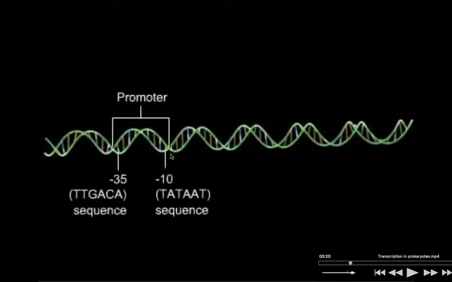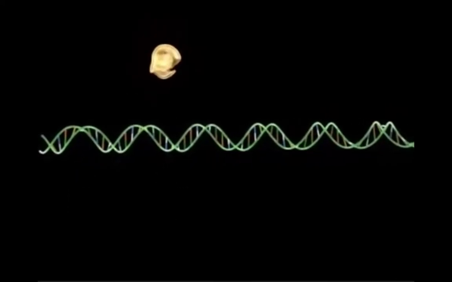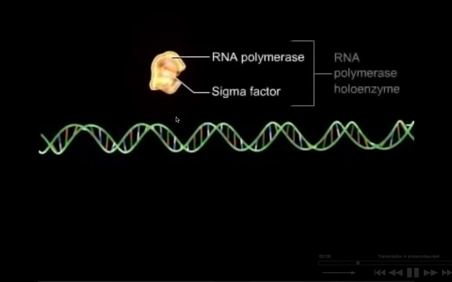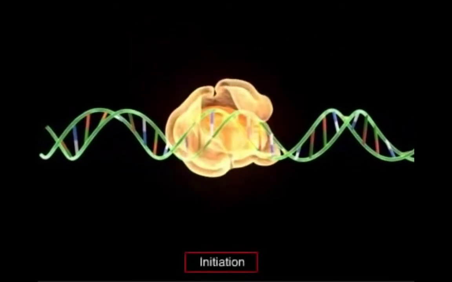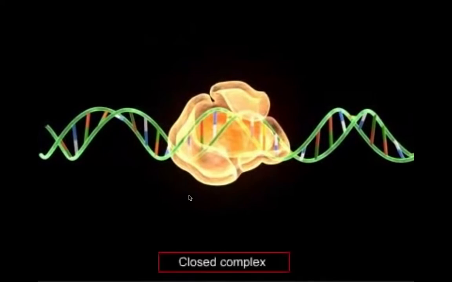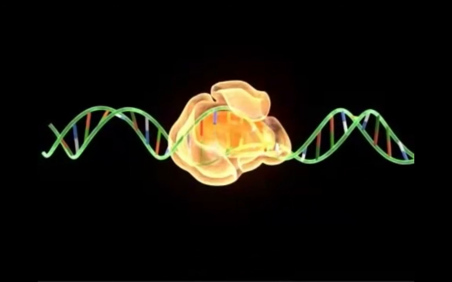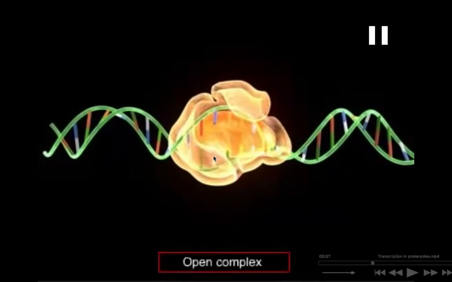So this is your promoter, which is recognized by the RNA polymerase and the sigma factor. So you have now a closed promoter complex, and then it becomes an open promoter complex. So if you can see, the DNA has now unwound.